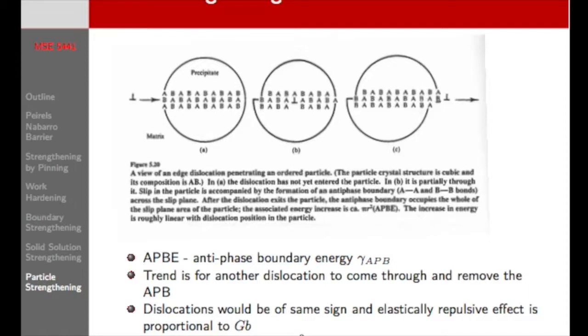So basically, it's always just going to be proportional to the amount of surface area that is affected and the antiphase boundary energy of your particle.